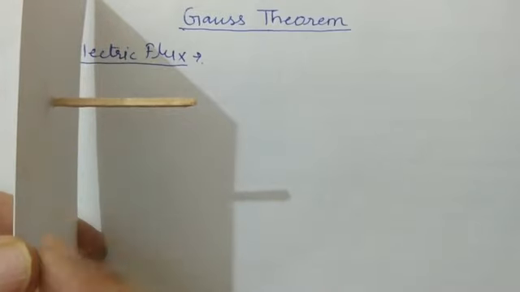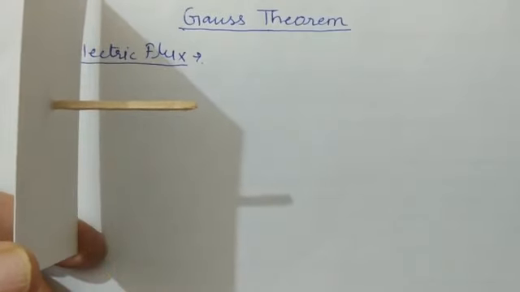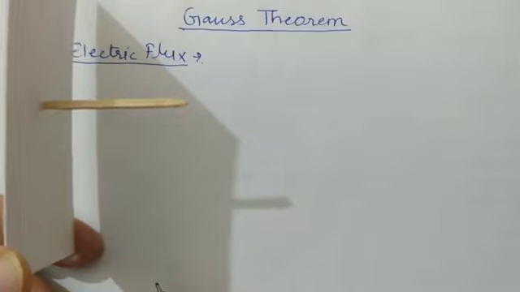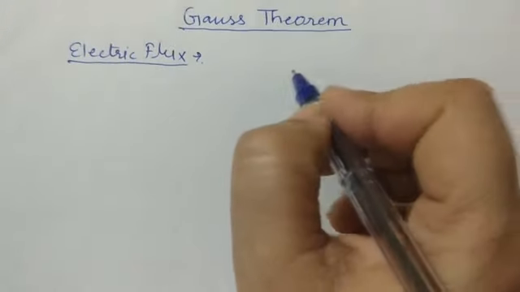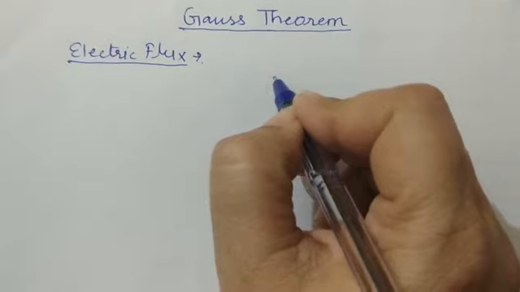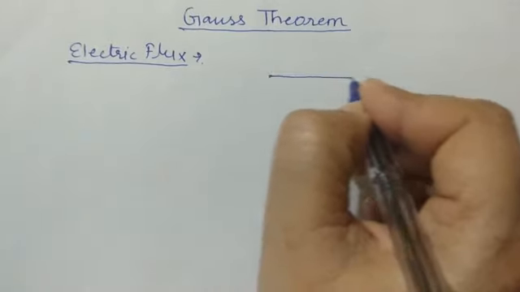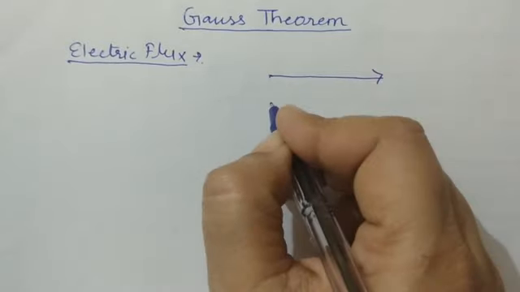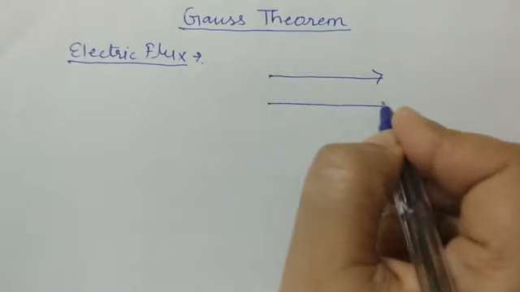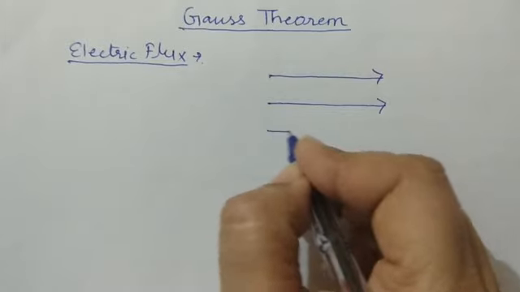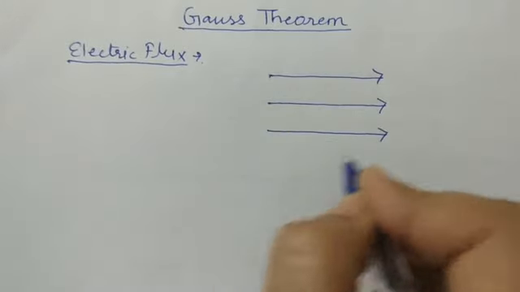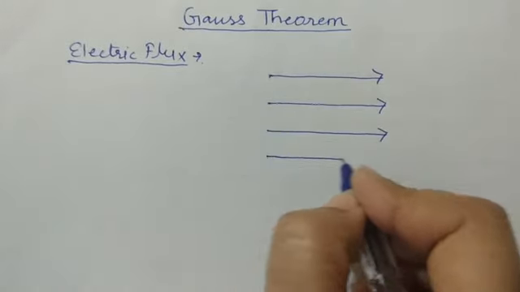Now, how is this area or area vector related to electric flux? Suppose we have an electric field at some place which is directed in a particular direction, and I'm showing it with the help of these parallel electric field lines in a direction.